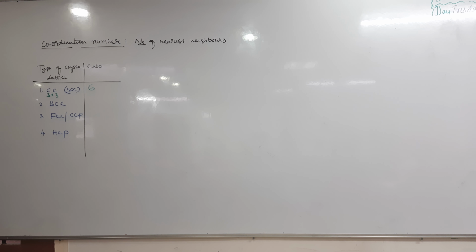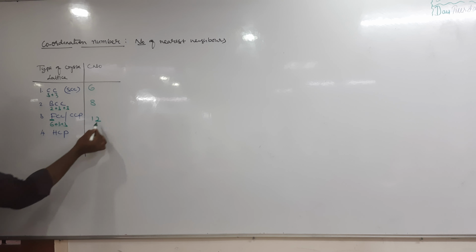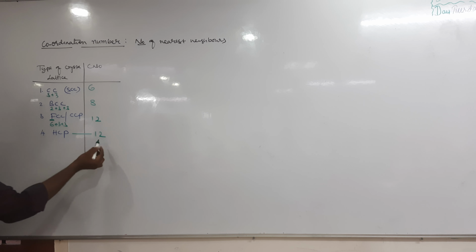Right. In alphabetical order, B place is 2. 3 plus 3, it is 8. The coordination number of BCC is 8. FCC, what is the position of F? 6th place. 6 plus 3 plus 3. It is 12. HCP is also 12, not because of calculation.